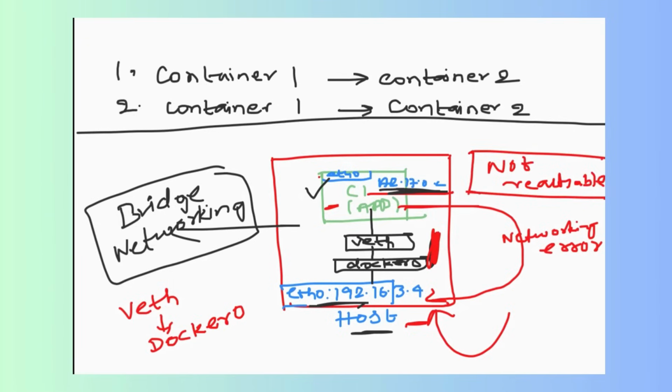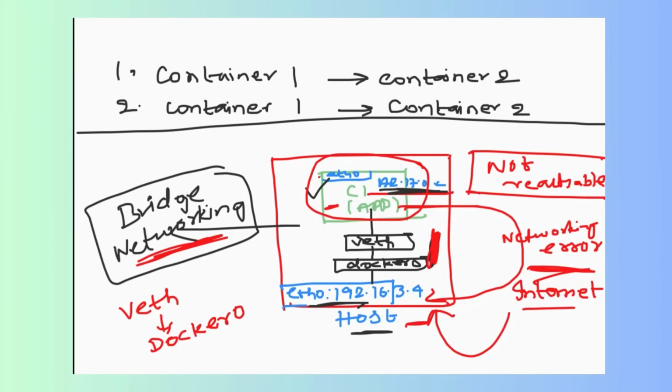So what happens if there is no bridge networking, or no veth or docker0 network out of the box? Whenever you are creating a container, you would land in a problem because the application that you have installed in the container is not reachable from the internet. If the application is not reachable from the internet, then users or your clients cannot access your application.